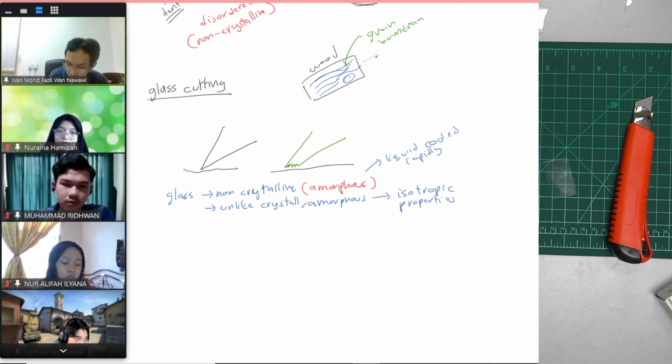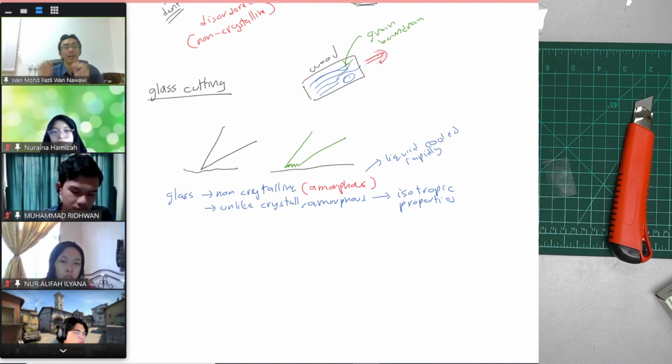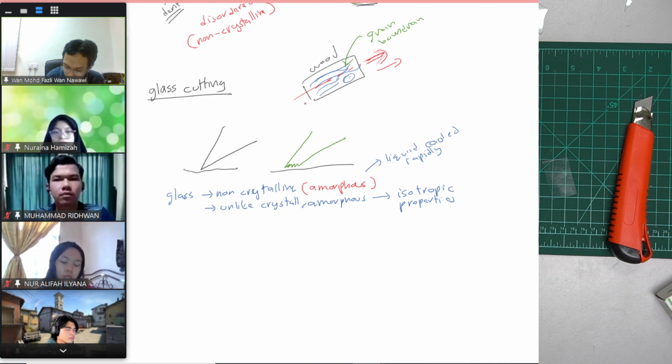You can see most of it goes this way, so you have a preferred orientation, meaning it's much easier to split the wood in half along it. It's stronger when you pull, but when you try to chop across it, it is weak. Later during the composite part, we will discuss this in detail.